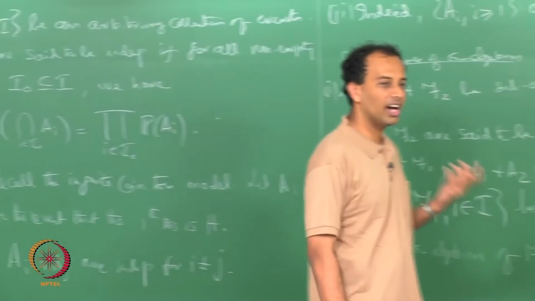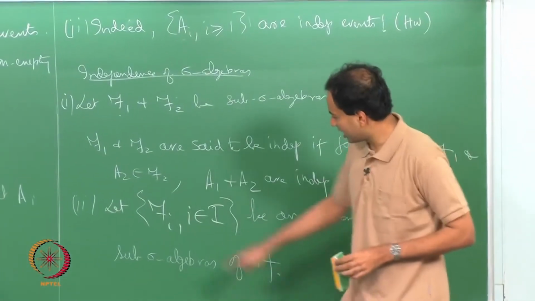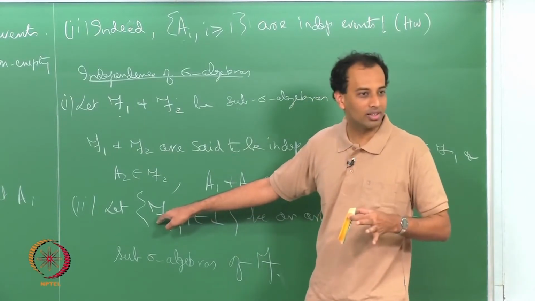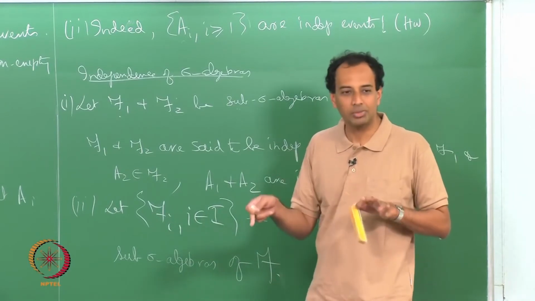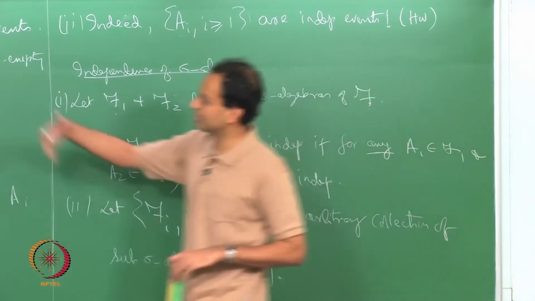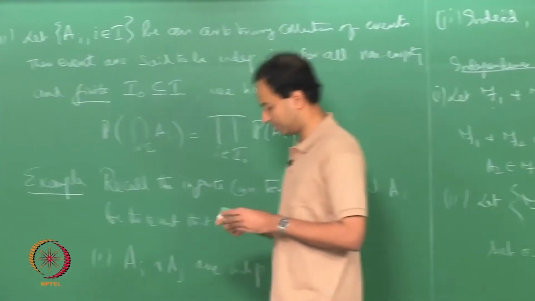You pick any Ai from Fi, whichever way, right. So, in each of these Fi's, you pick any Ai you want, then you will end up with a collection of events Ai indexed by capital I, then I will apply this definition, that is all. Okay, it is a very simple definition.